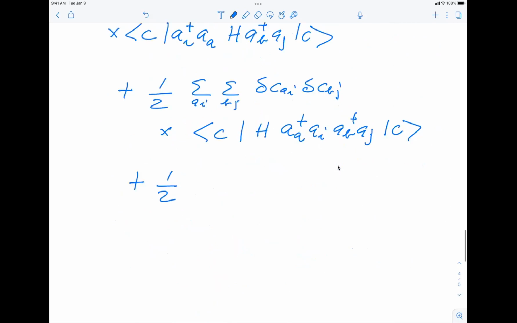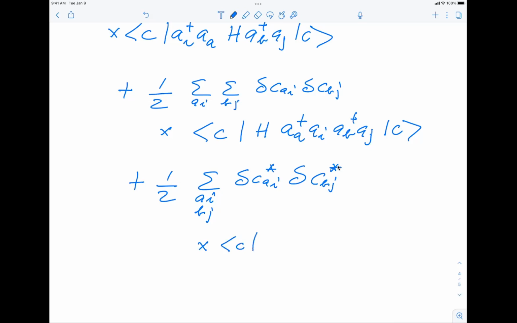And I'm going to have the next term here, which contains the same type of sum, AI, Bj, and then a delta C of AI, but now complex conjugate because it comes from the bra side, and a delta C of Bj, complex conjugate. Now I have a matrix element which looks like this.